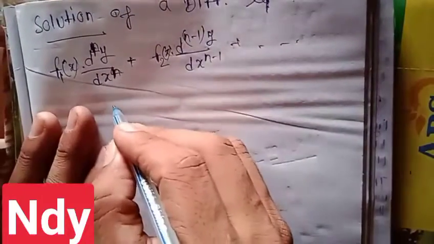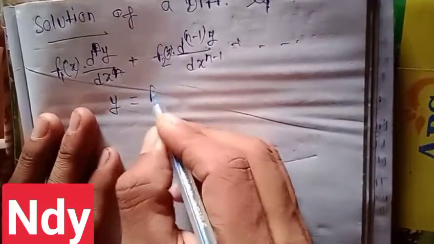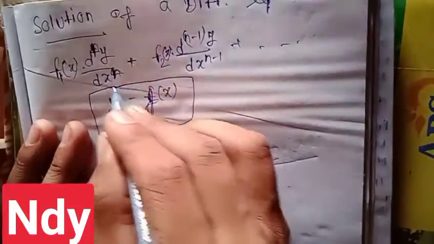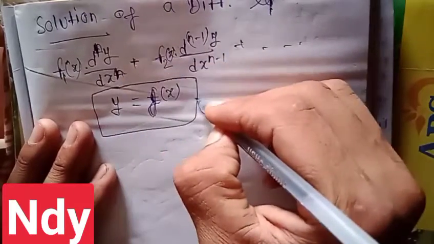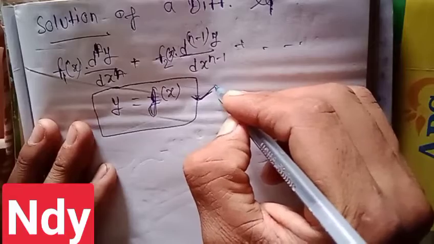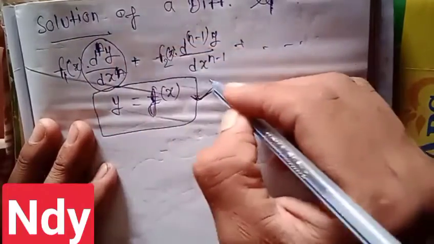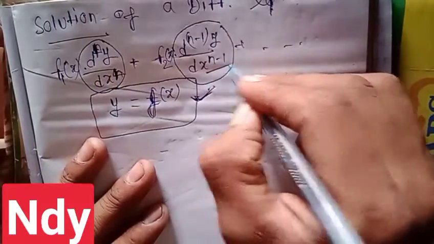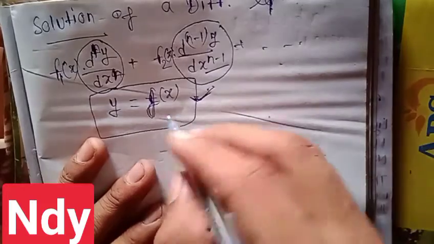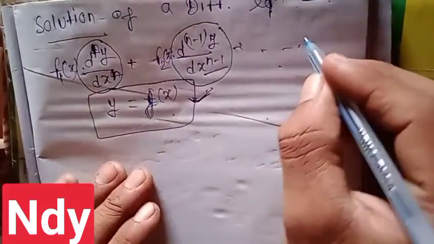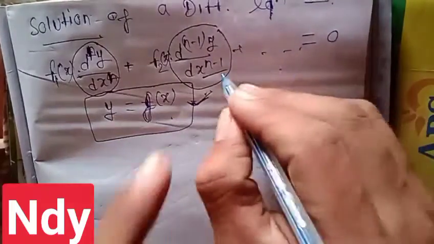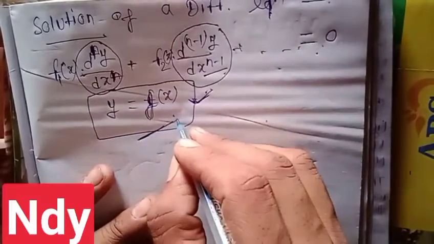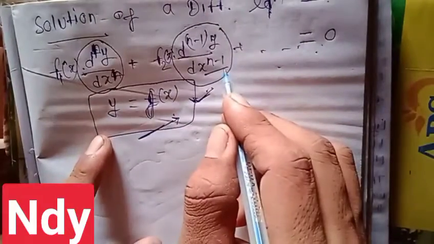So a solution y is equal to g of x is said to be a solution. What do we do? We find the nth derivative of this function g of x and put it here, and the (n-1)th derivative and put that here, and so on. Whatever we want, we take the derivative and put it in this differential equation, and if it satisfies the condition, then we say that y is equal to g of x is a solution of this differential equation.